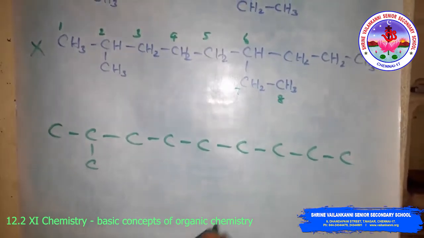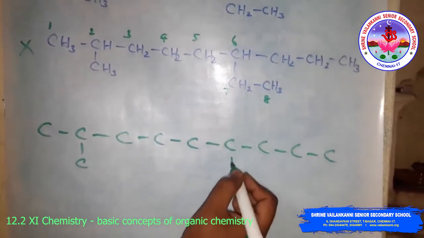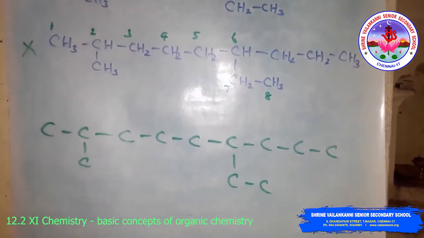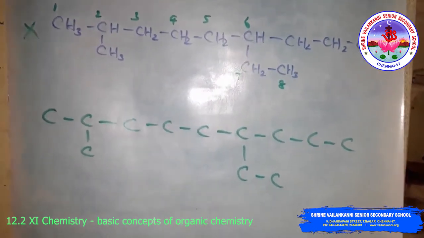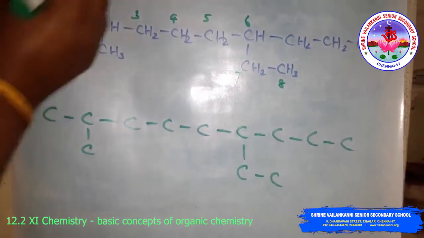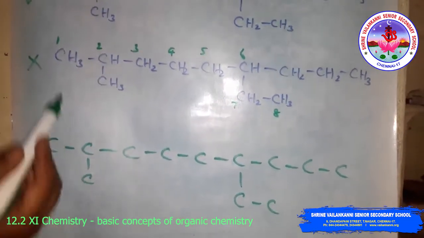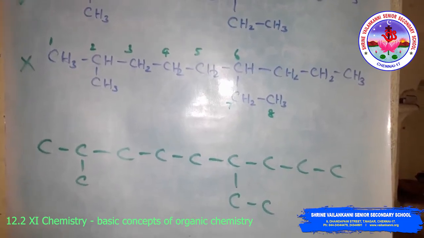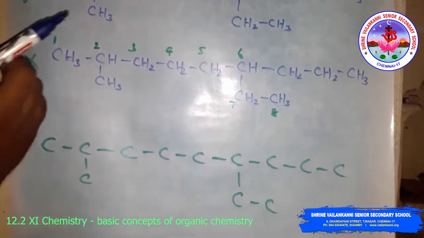Suppose I have a compound like this, in the same similar way. For a compound like this you have to write the numbering. The same compound, suppose you are using the numbering like this.